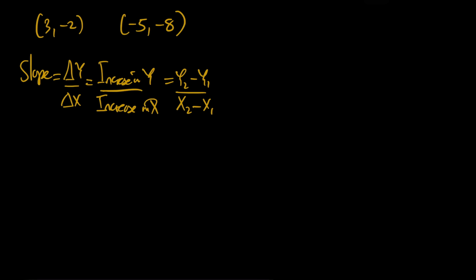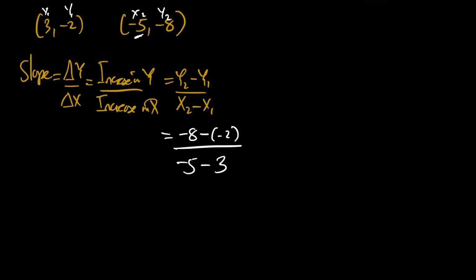Now we are going to just determine that this is x1 and y1, x2 and y2. So y2 is negative 8 minus y1, which is negative 2, divided by x2, which is negative 5, minus our x1, which is positive 3. And we end up getting negative 8 plus 2 divided by negative 5 minus 3.